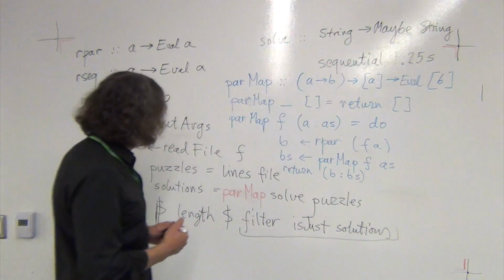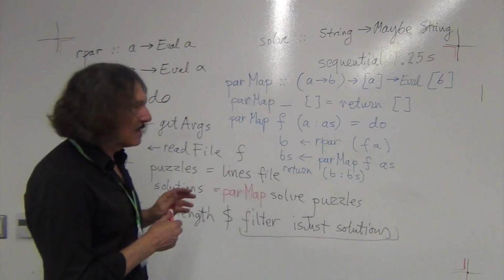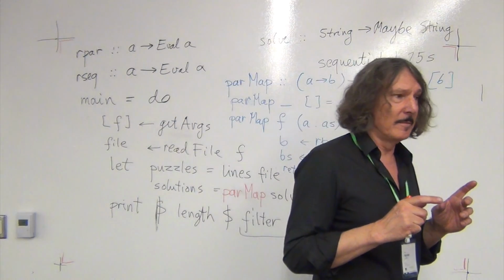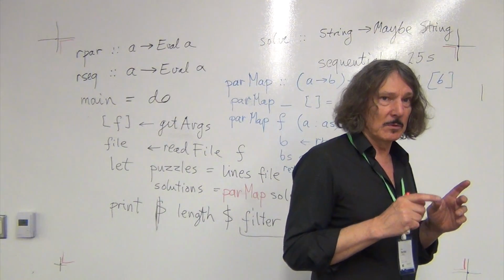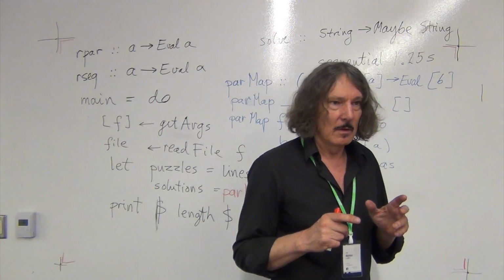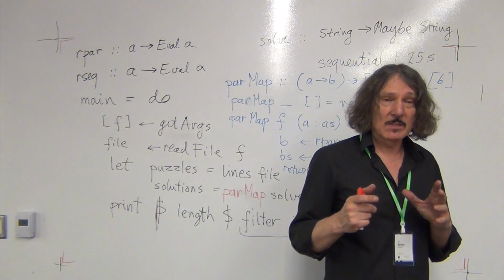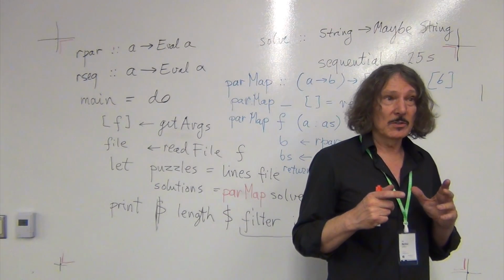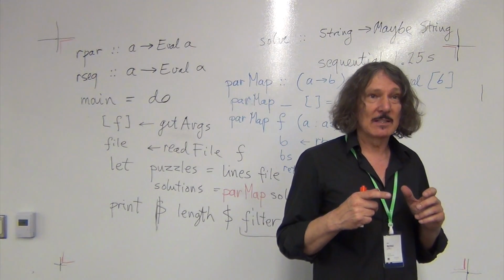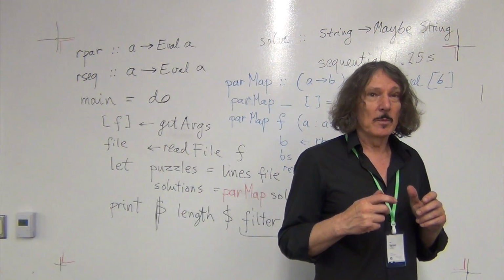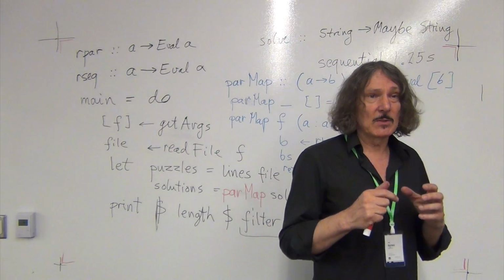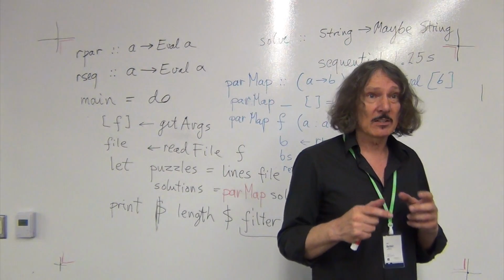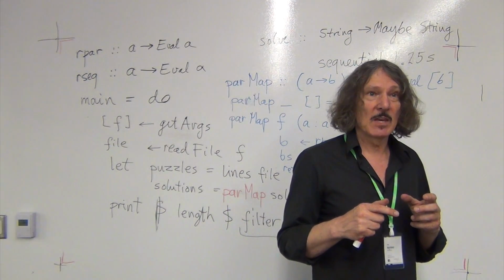Here we actually don't even have to do that, because evaluating a solution to the puzzle to weak head normal form... Remember what a solution is? It's a Maybe, right? So in order to evaluate it, we have to evaluate this Maybe. Evaluating Maybe to head normal form means we have to find out which constructor was used to create it.